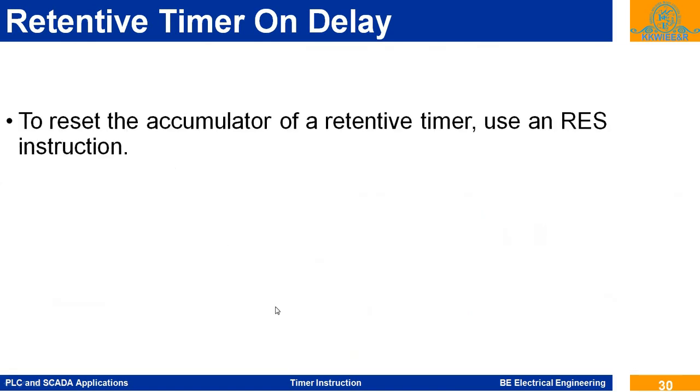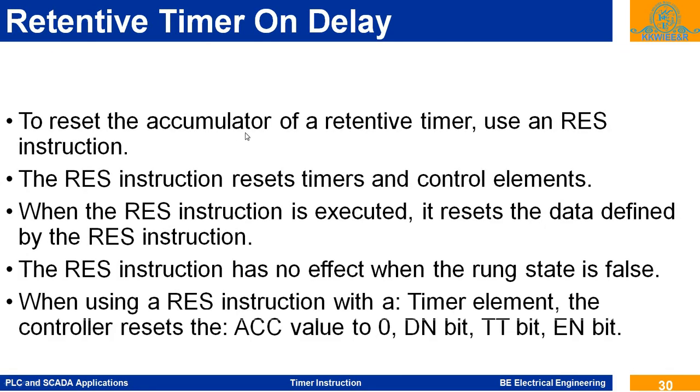Okay, so to reset the accumulator of a retentive timer, use a reset instruction. The reset instruction resets the timer and control elements. Okay, the bits in word 0 of this timer instruction are reset by using this reset instruction.